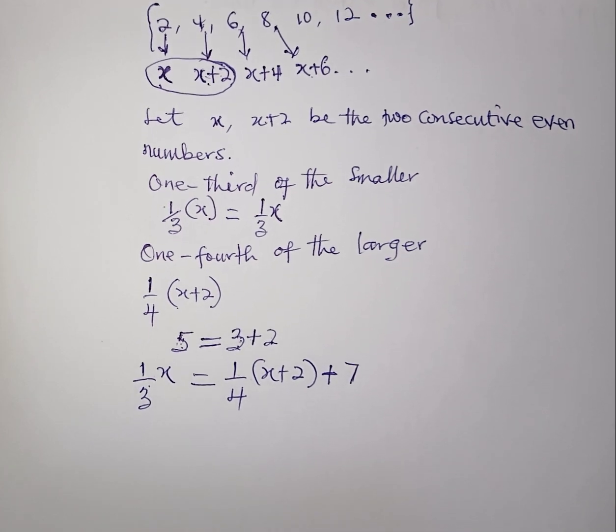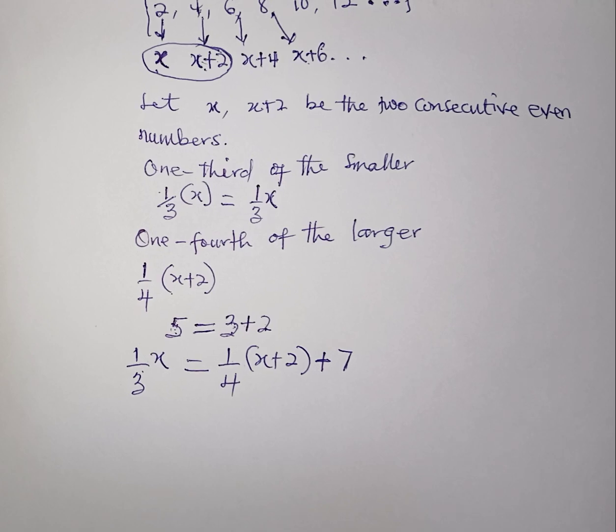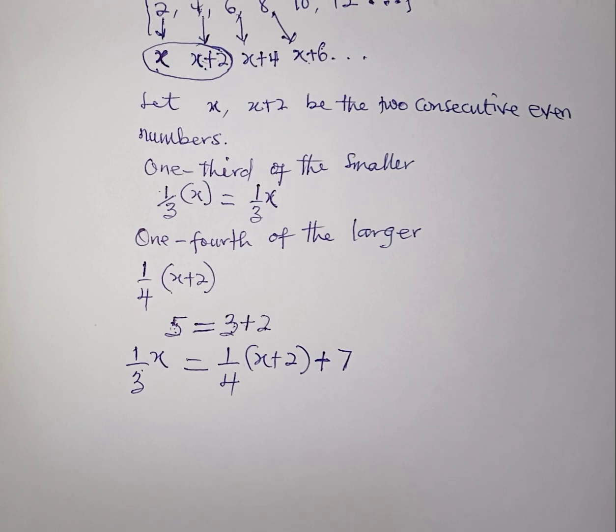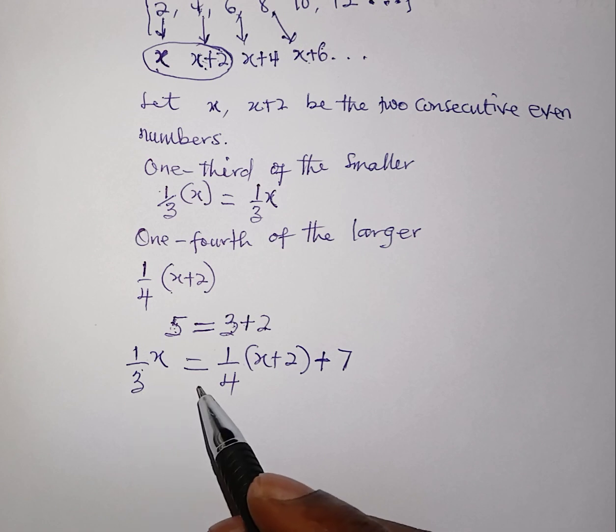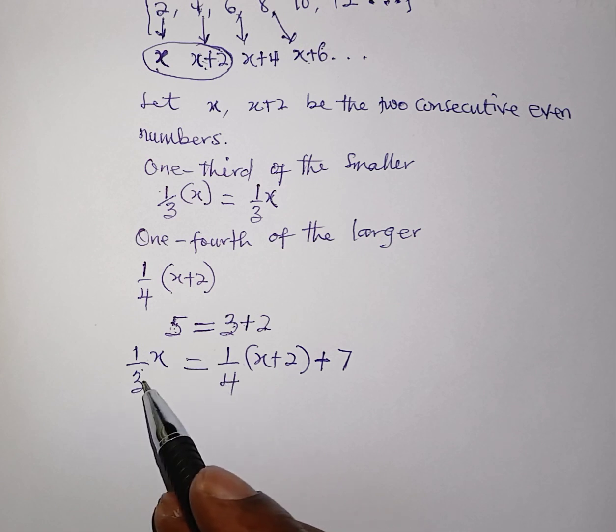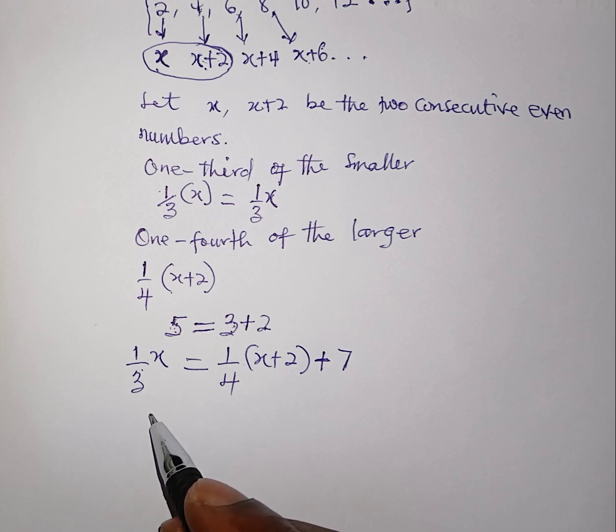So if this is what we have, let's solve this. This is a linear equation involving fractions. We did similar examples when we were looking at change of subject involving fractions, and they all follow the same pattern. Remember what I said: when it involves fractions, you only need to find the LCM.